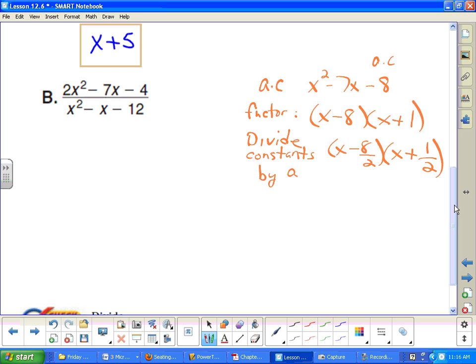All right, because remember it's ax squared plus bx plus c. Okay, then we simplify. So we get x minus 4 and x plus 1/2.